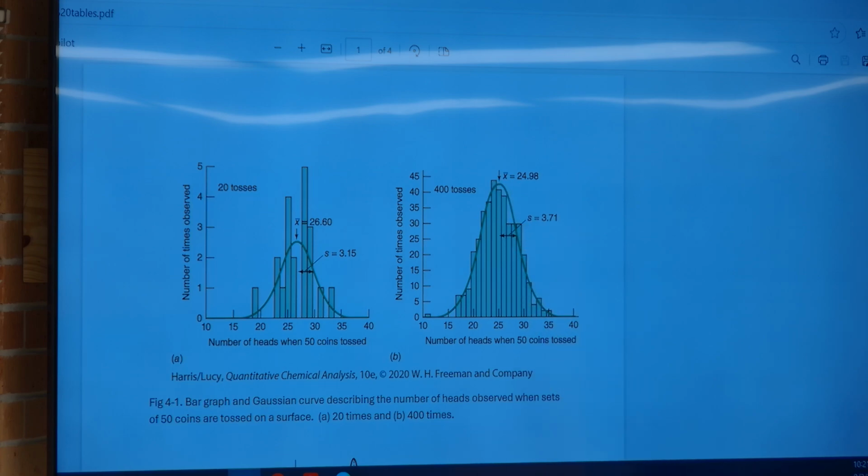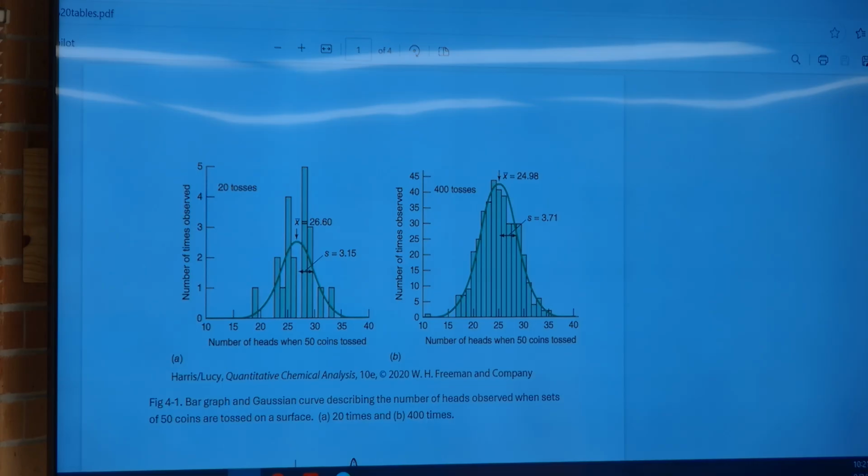So if we run like 1,000 tosses, then the bar graph will be much closer to this smooth curve. This smooth curve mathematically should look like this.